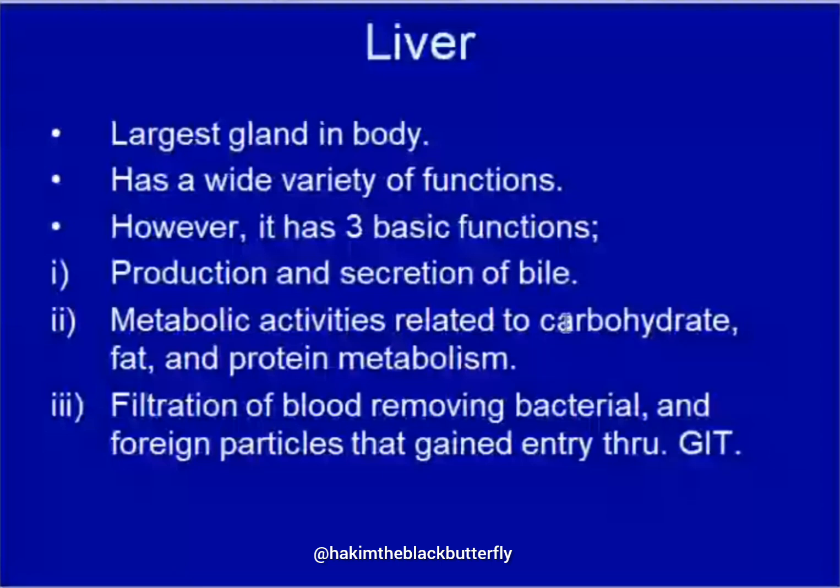Metabolism of carbohydrates, for example: the liver converts glucose to glycogen, and that process is stimulated by insulin to lower blood glucose if it has gone beyond the normal level. And then when blood glucose drops, through the intermediate of glucagon, the liver can convert that glycogen back into glucose.